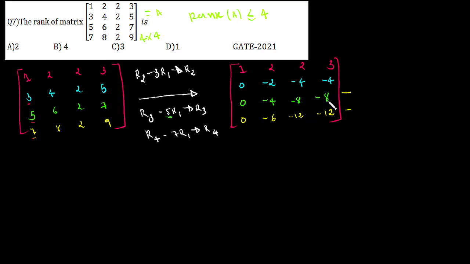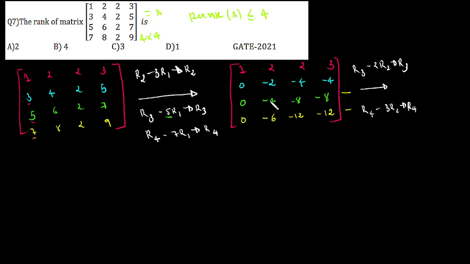Now to reduce this matrix further, you can perform two more row operations. If you subtract 2 times row 2 from row 3, it will give you the new row 3, and if you subtract 3 times row 2 from row 4, it will give you the new row 4.